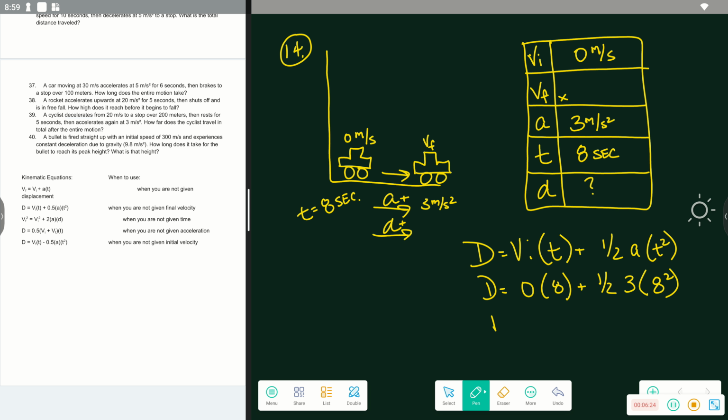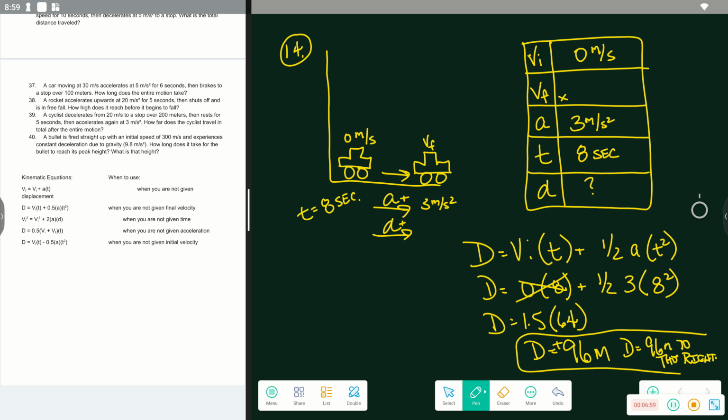So this is going to be D equals, this cancels because it's 0. 1/2 of 3 is 1.5 times 64. Okay, and when you multiply this out, your displacement is going to be positive 96 meters, or 96 meters to the right.